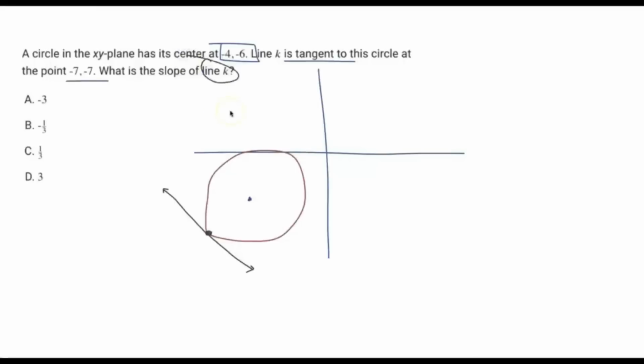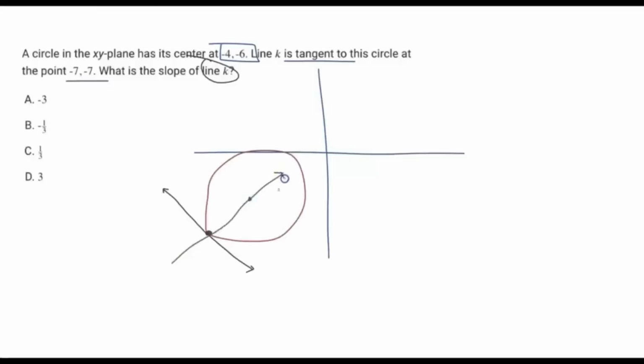So the only way to determine the slope of this line is to use the information we already know. So we know 2 coordinate points, right? And of these 2 coordinate points, only one of them is actually on line K. And so what we need to do here is find the slope of the perpendicular line to line K. So if we draw another line through, the green line, that's a bad diagram, so we draw it through like this.